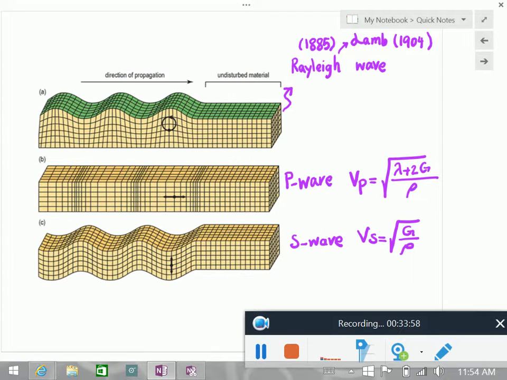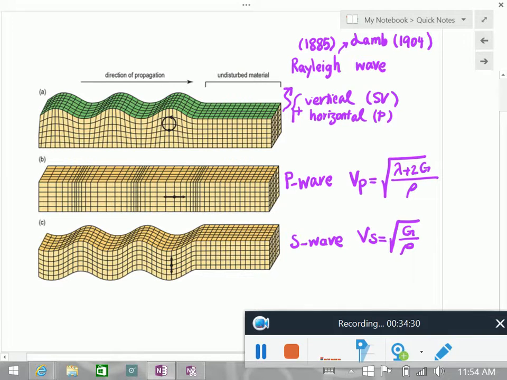You also see that they are getting compressed at some locations and stretched at other locations. So Rayleigh waves have two components: one is a vertical component, similar to SV, and one is a horizontal component, similar to P.